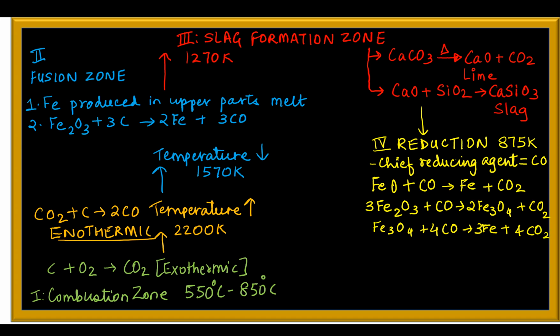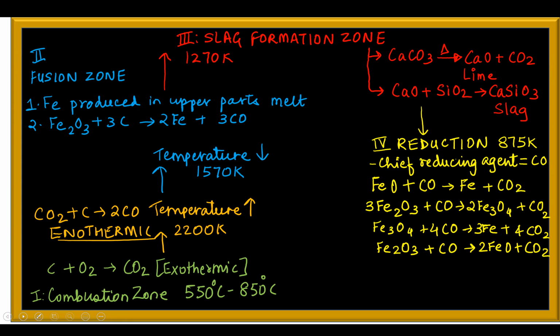Okay, another reaction that also takes place is Fe2O3 plus carbon monoxide gives you 2FeO plus CO2. Okay, so these are the 4 reduction reactions that take place where carbon monoxide is the chief reducing agent. Okay, so what happens after this?